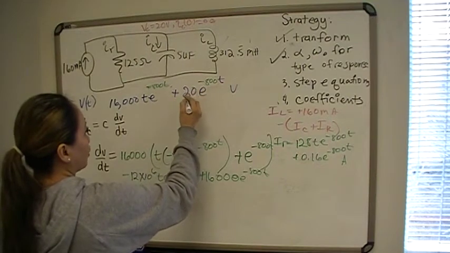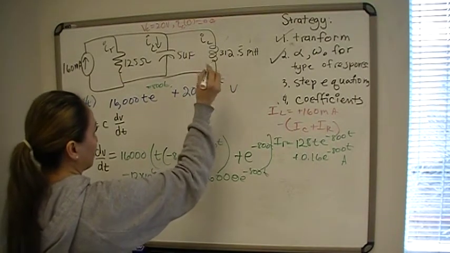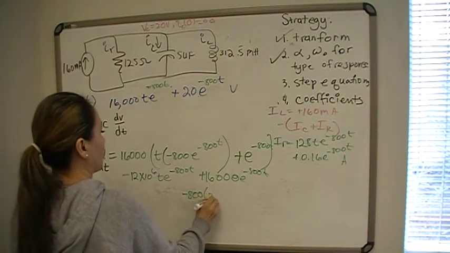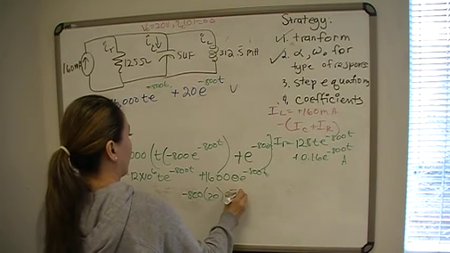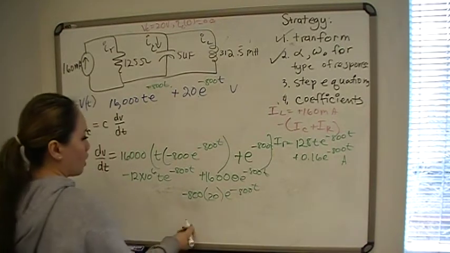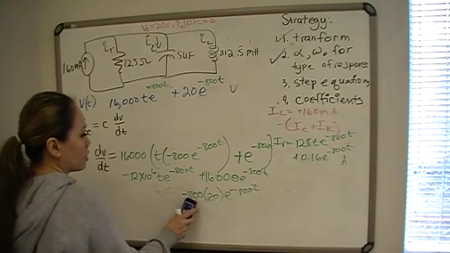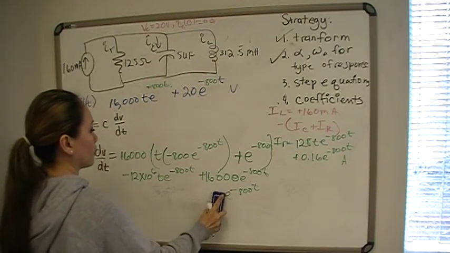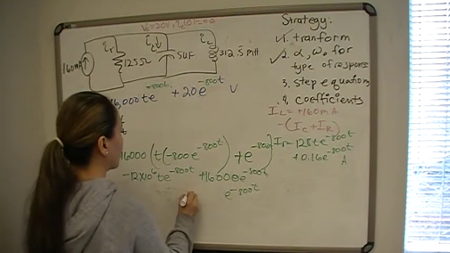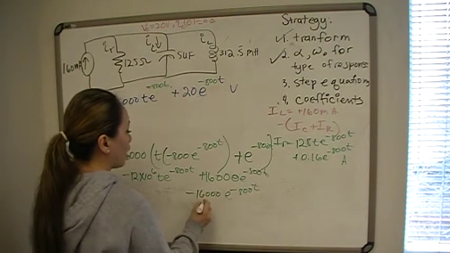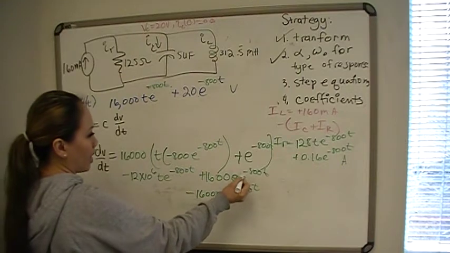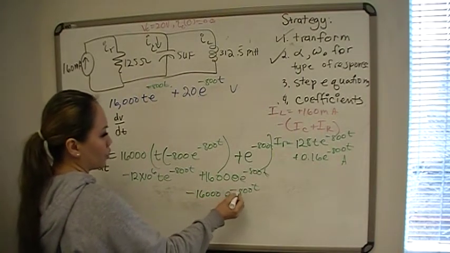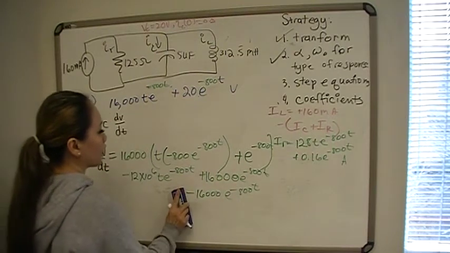The derivative of 20e to the negative 800t is just going to be negative 800 times 20 times e to the negative 800t. Negative 800 times 20 is going to be negative 16,000. So we have a positive 16,000 e to the 800t minus 16,000 e to the 800t, and that is 0.